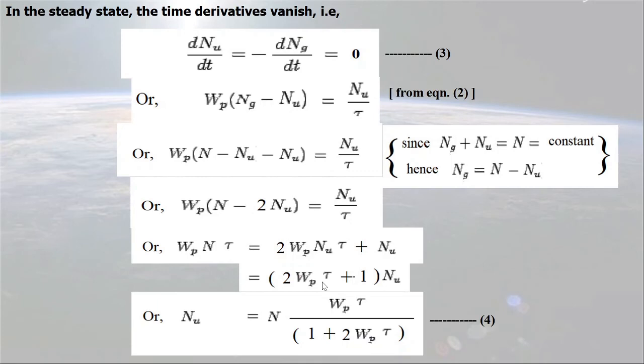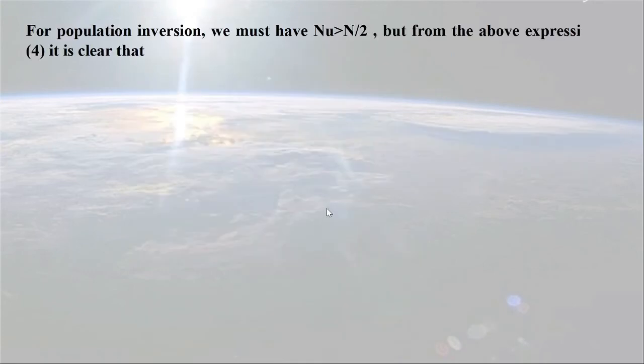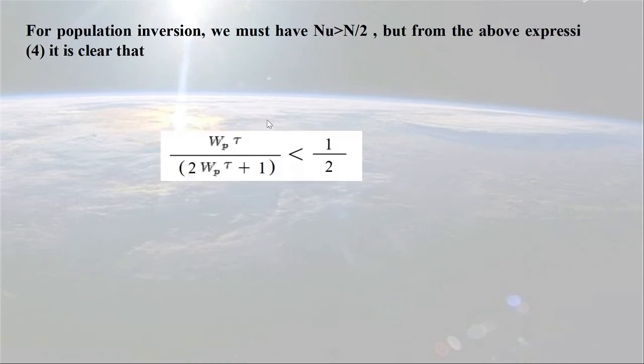Now for population inversion, we must have Nu, that is number of atoms in the upper energy state, must be greater than half of the atoms in the system. That is, Nu must be greater than N by 2. But from the above expression 4, it is clear that Wp tau by (twice of Wp tau plus 1) is always less than half.